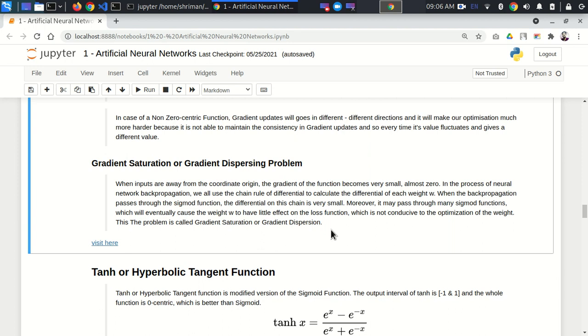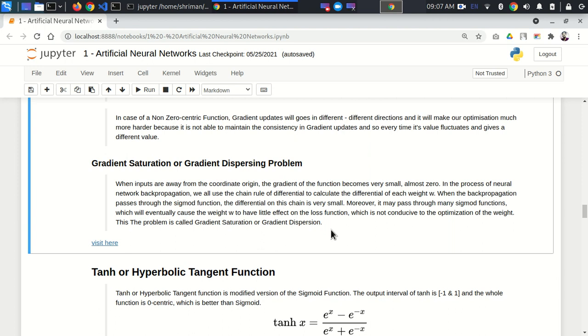Whenever we talk about parameters, in the very first epoch when we start our training, each and every parameter in each and every layer gets assigned some random value.